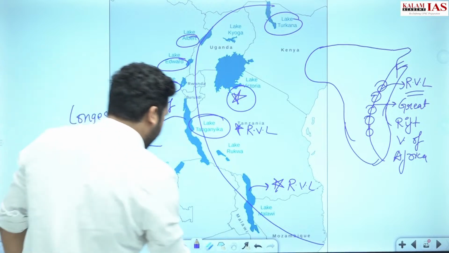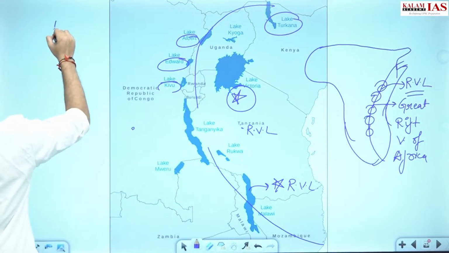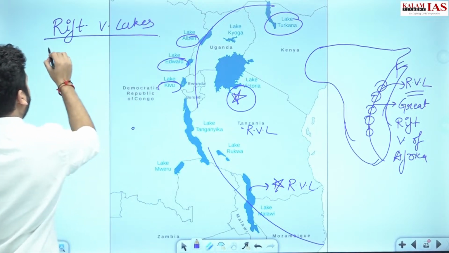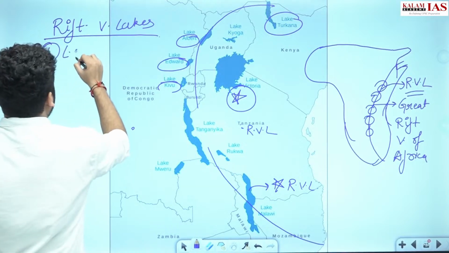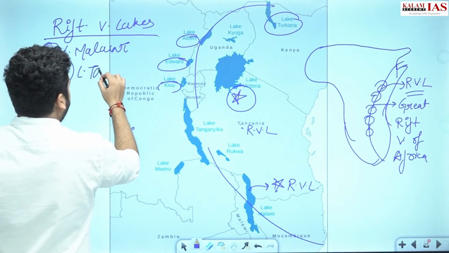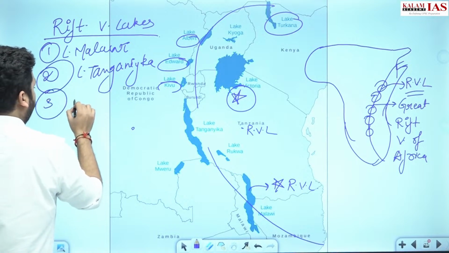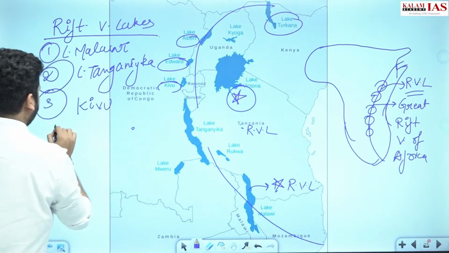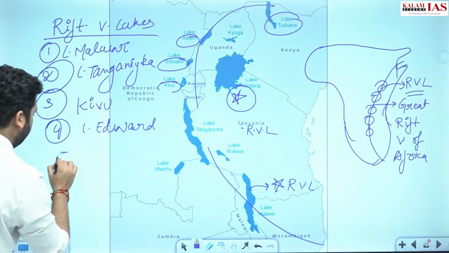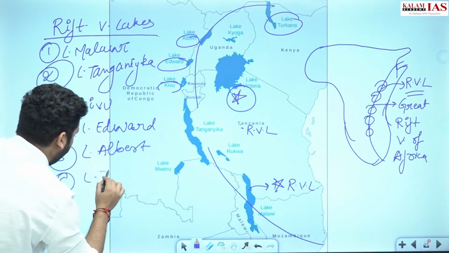Let me make a list, otherwise you'll get confused. Lakes: Lake Malawi, then we have Lake Tanganyika, Lake Kivu, Lake Edward, Lake Albert, Lake Turkana.